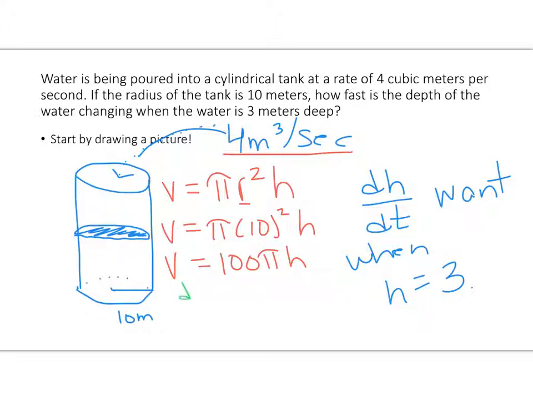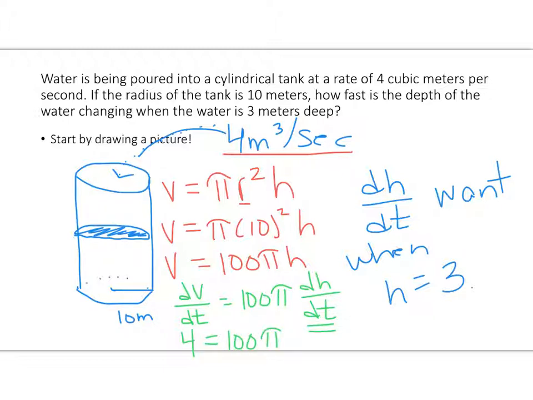So my dV/dt, my change in volume compared to time, is equal to 100 pi dh/dt, change in height compared to time. And we want to find dh/dt when h is equal to 3. Well, we know our dV/dt is 4. I know it's still 100 pi. And at that moment, it doesn't change my dh/dt.